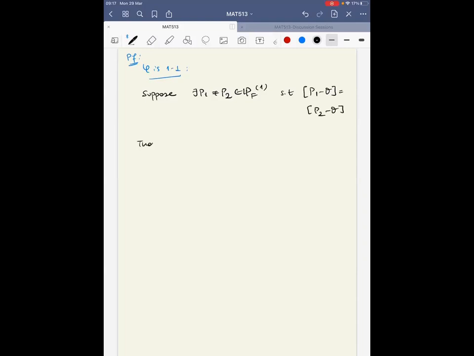So that means P1 minus O is equivalent to P2 minus O. And by the arithmetic of the divisors, this means that P1 and P2 are equivalent to each other, and by the definition of the equivalence, we consider a function whose principal ideal is the difference of P1 and P2.